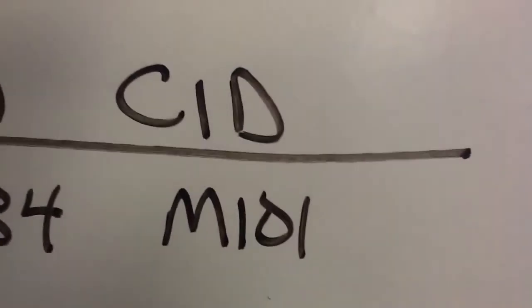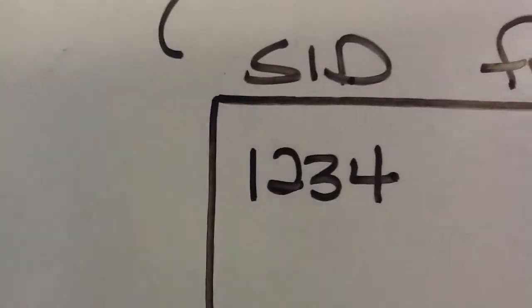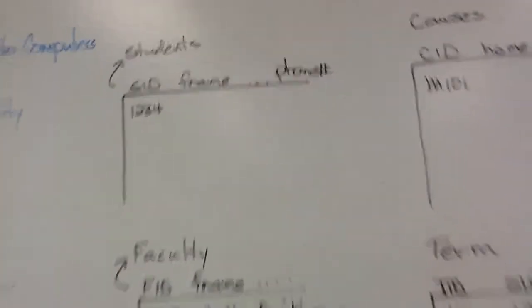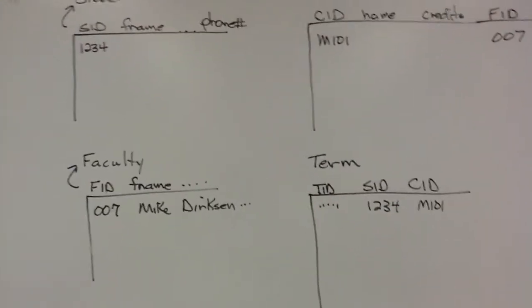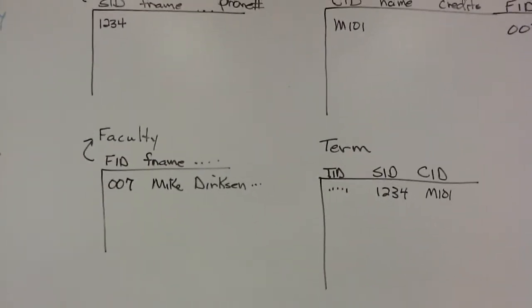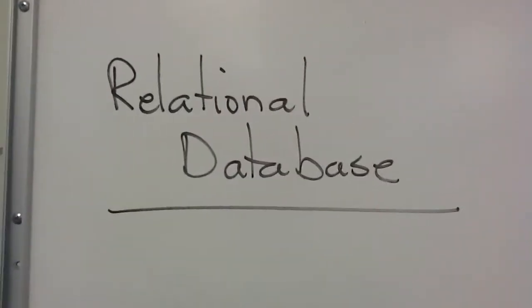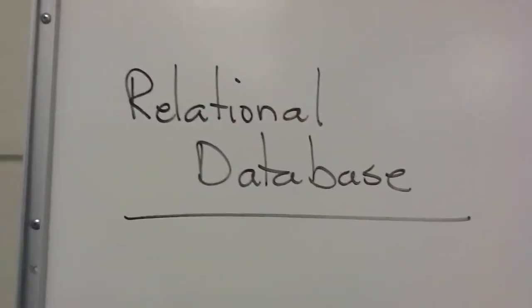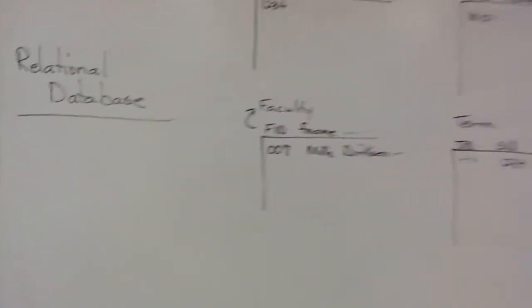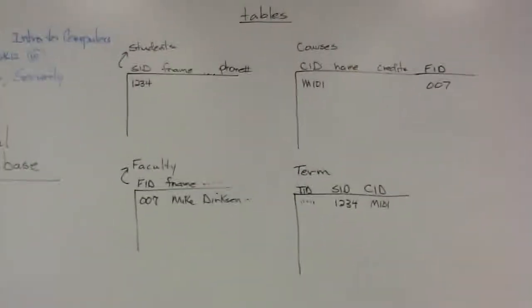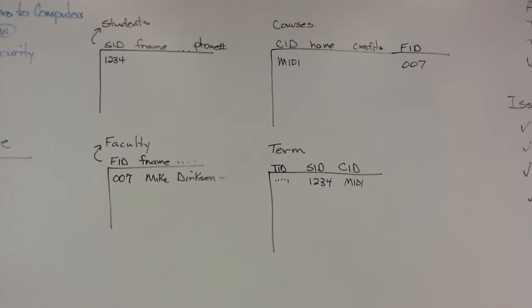And this course right here is currently being taken by this student. Get it? See? 1, 2, 3, 4. So that becomes what is known as a relational database. And in the assignment, we go through this pretty thoroughly, explaining how that actually works. But this is really true.